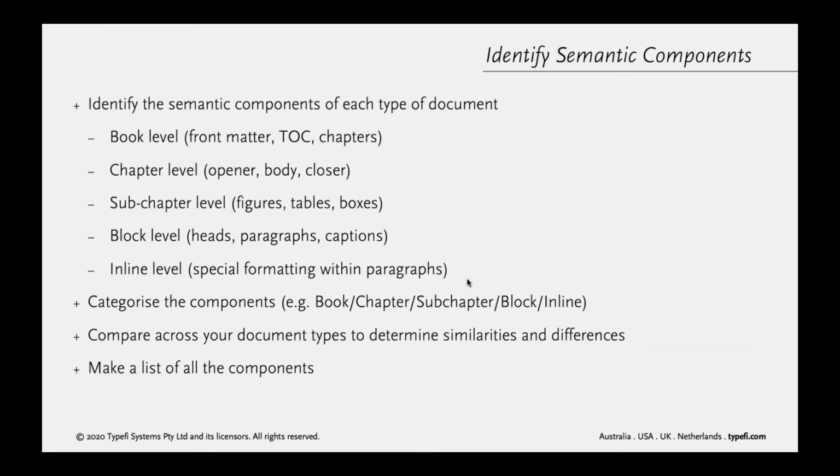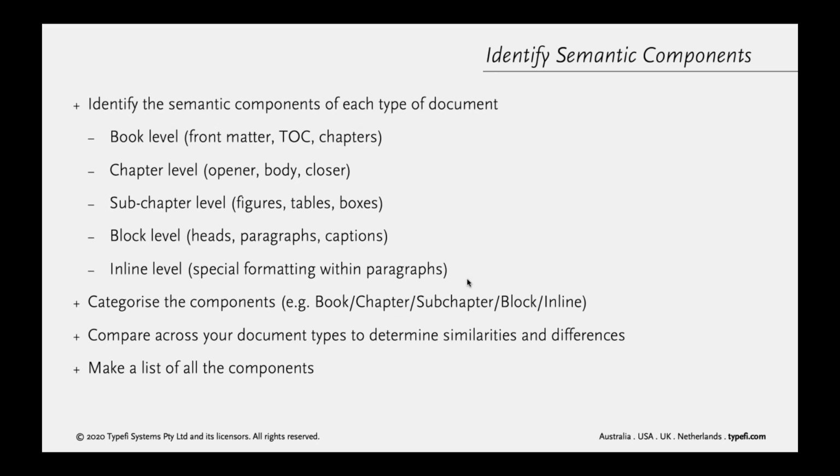So talking about semantic, identify the semantic components of each type of document. So you can start at a book level. In your book level, you might have front and back matter, TOC, chapters. Inside each chapter, you might have an opener, a body, and a closer part.